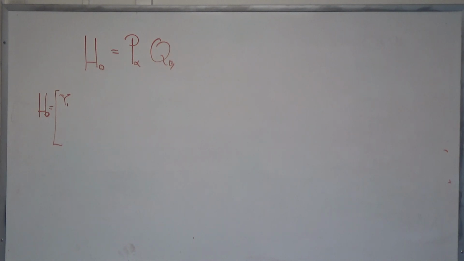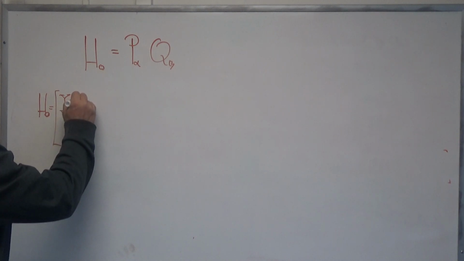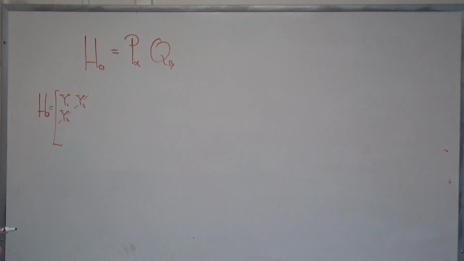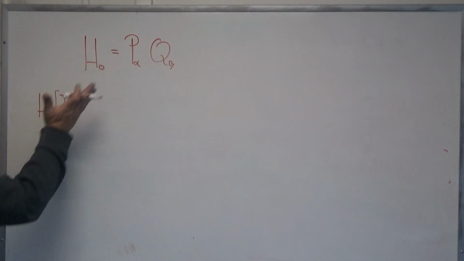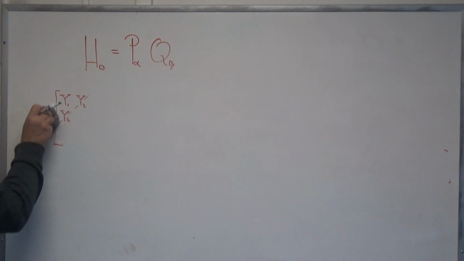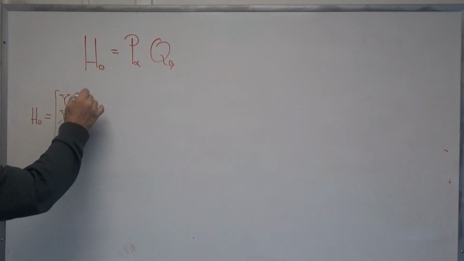So H0 begins with Y1 and then Y2, and then Y2 is here. And again, you notice these matrices are Hankel because it's the anti-diagonals that are equal to each other. Of course, not Hankel, but block Hankel, because these Y's are not numbers, they are matrices. Okay?